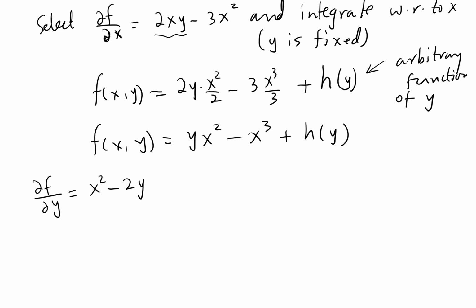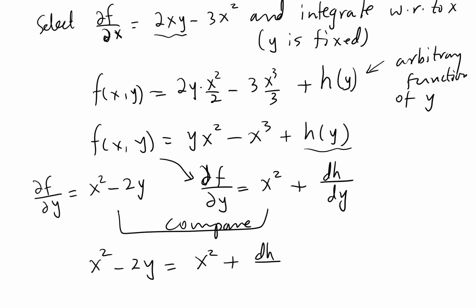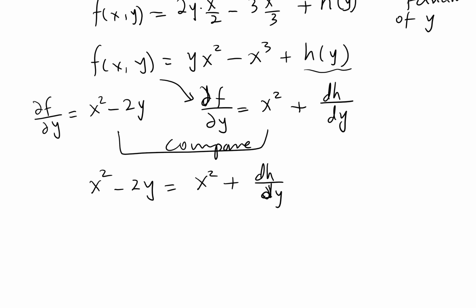From this, we can find partial f partial y. x is a constant here, so that will give us x squared minus 0 plus the derivative of h with respect to y. It's a function of y, we're differentiating with respect to y. And then compare these two. They represent the same thing. So you can say x squared minus 2y is x squared plus dh dy. The x squared cancels, and that would give us dh dy to be negative 2y.